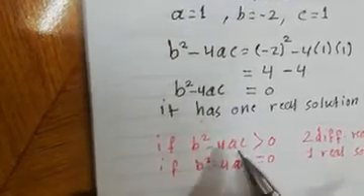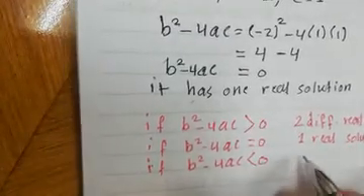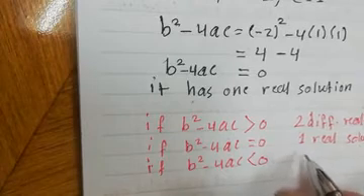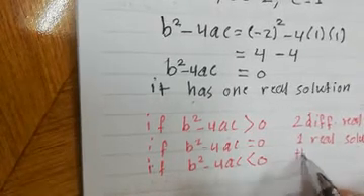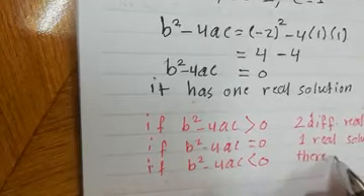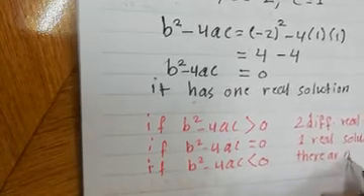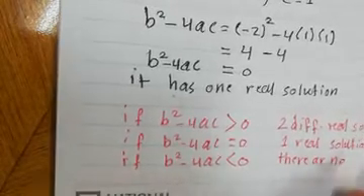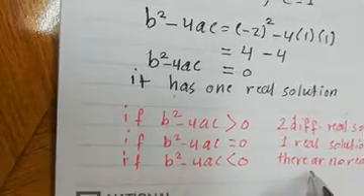And the third case: if the discriminant, which is b squared minus 4ac, is less than 0, in this case, there are no real solutions.